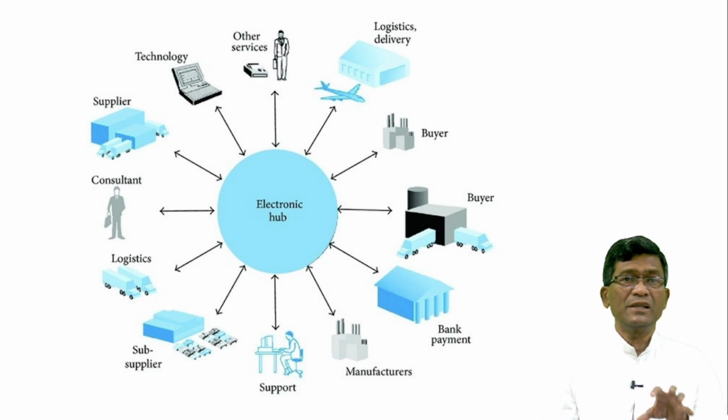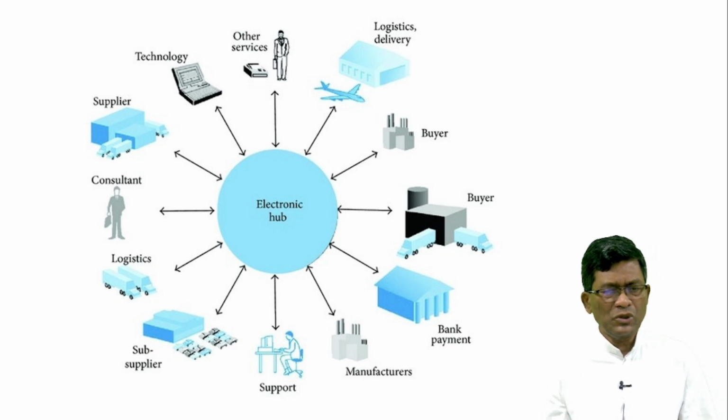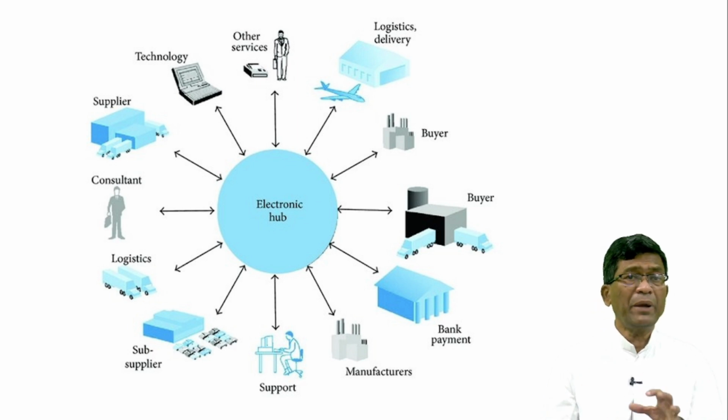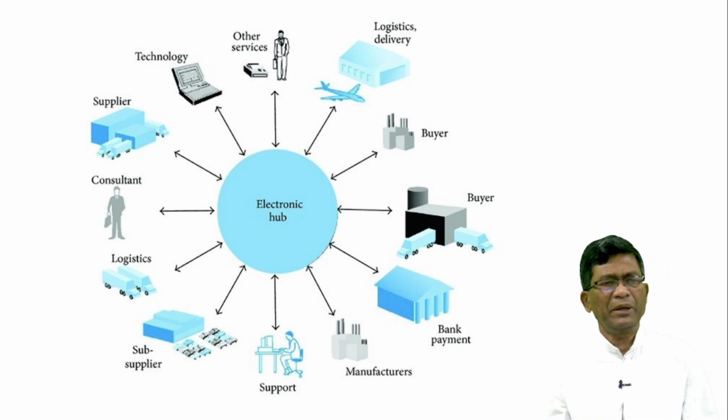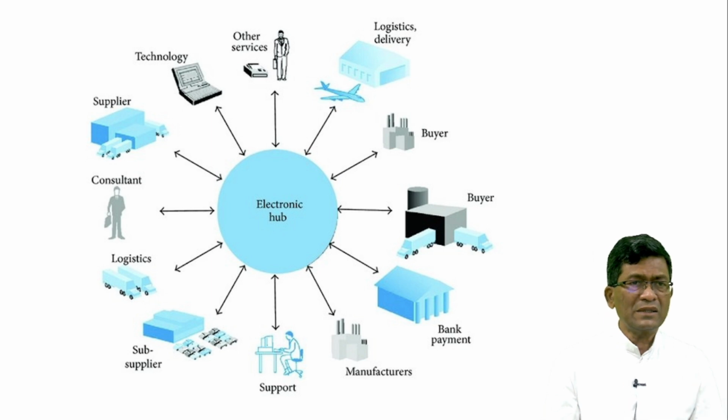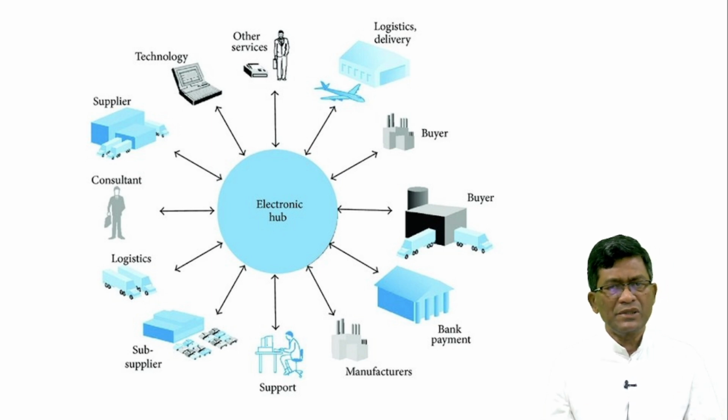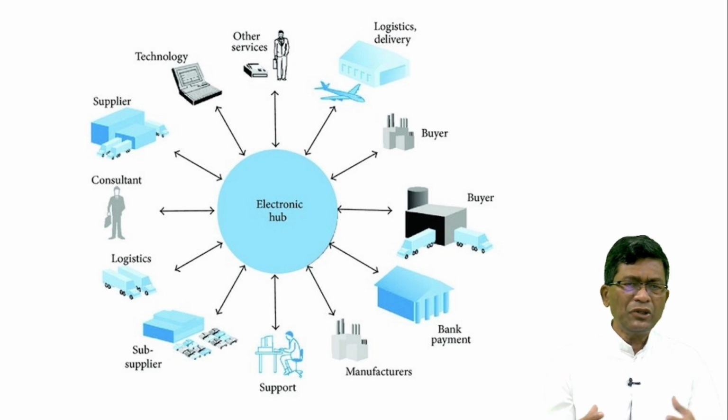And technology is having a very big say in this. And logistics is there, and we have a support team, and bank payment is important. All business transactions are to be done through bank payment. And there are certain consultants and there are other services. So multiple players come into picture, and all these need to be properly integrated.